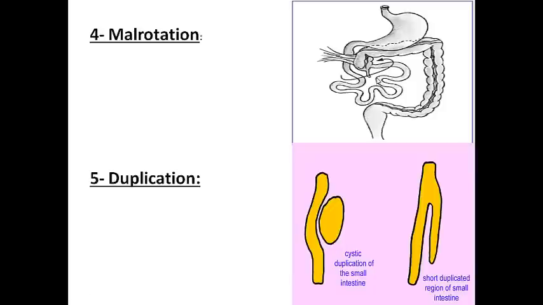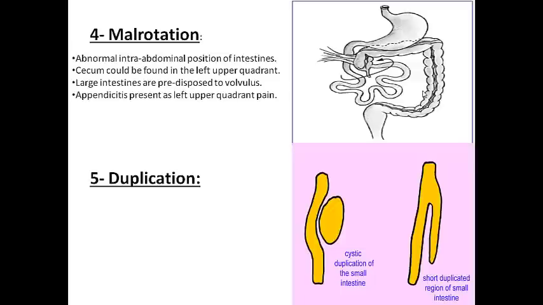Volvulus is going to be obstruction within a loop, which means that something is twisted and therefore it's going to obstruct the intestine. Sometimes in people who have malrotation, appendicitis could be present as left upper quadrant pain, and this is going to produce some confusion in clinical symptoms of appendicitis. So this has been malrotation.